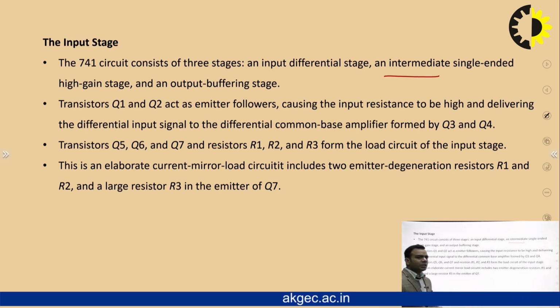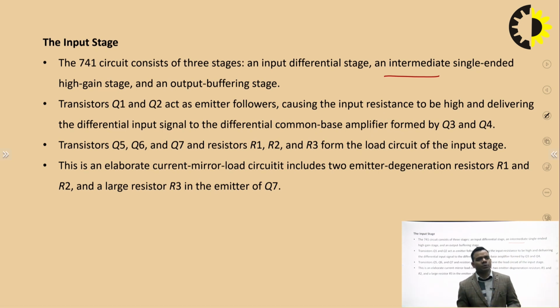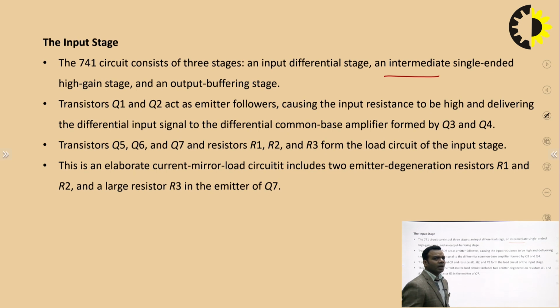The transistors Q1 and Q2 act as emitter followers, causing the input resistance to be high and delivering the differential input signal to the differential common base amplifier formed by Q3 and Q4. And we have already seen that Q5, Q6 and Q7, R1, R2, R3 form the load circuit of the input stage.